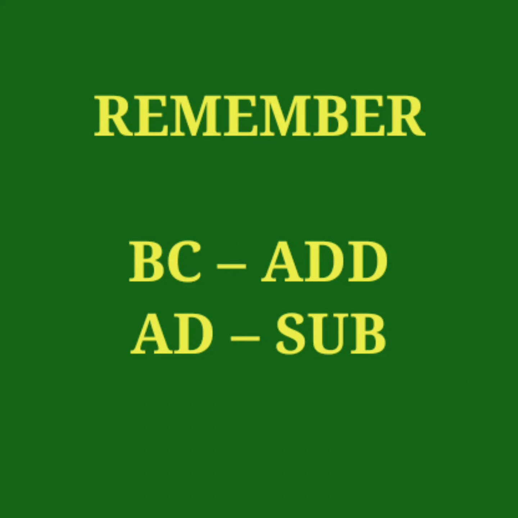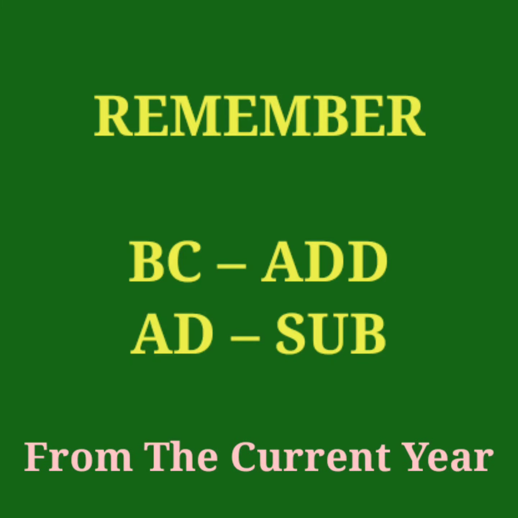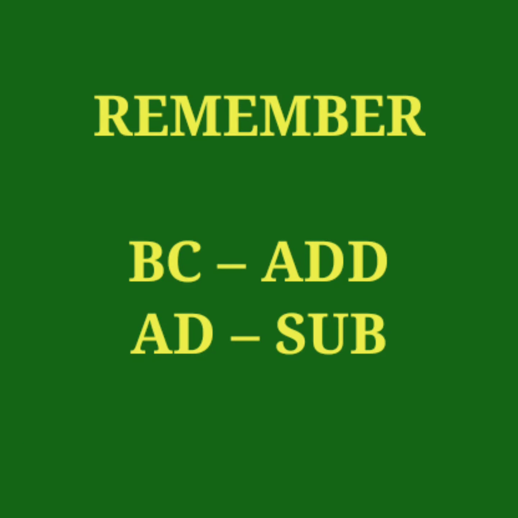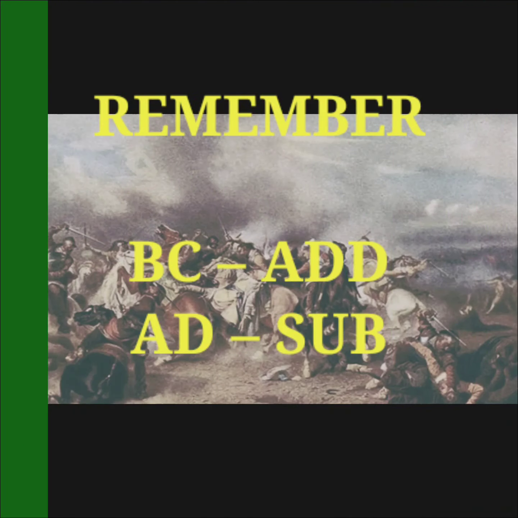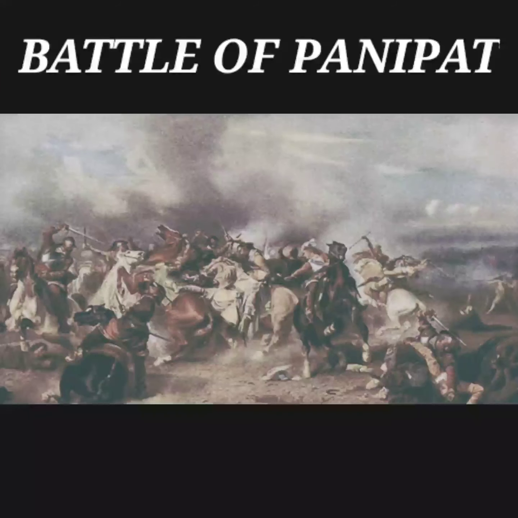If the time is given in BC, you have to add, and if it is given in AD, you have to subtract. Now from what do you have to subtract or add? From the current year you have to add or subtract. Now let's understand this very carefully.